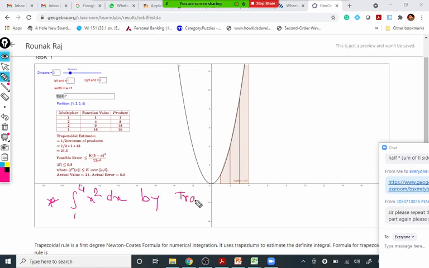Here you may be given one of two ways: either n equal to 3 or h equal to 1. Both give us the same answer. So the value of h is given.